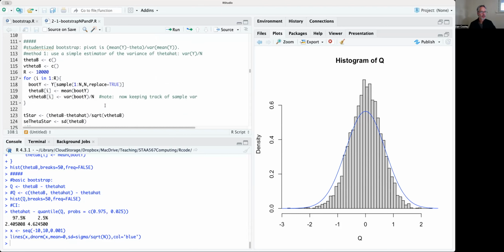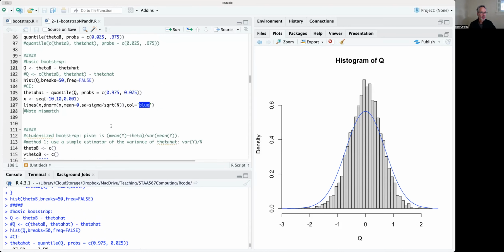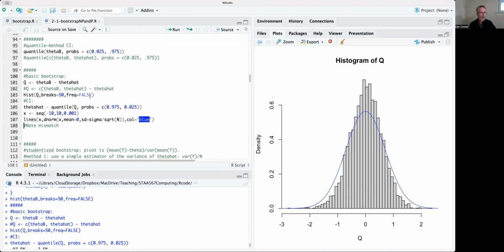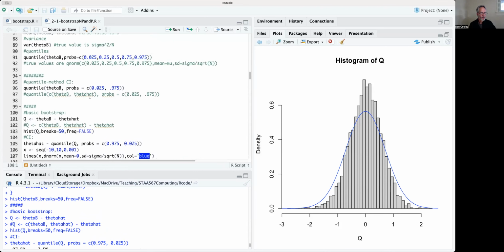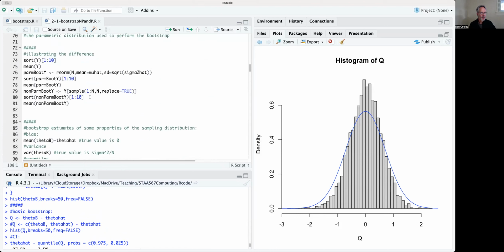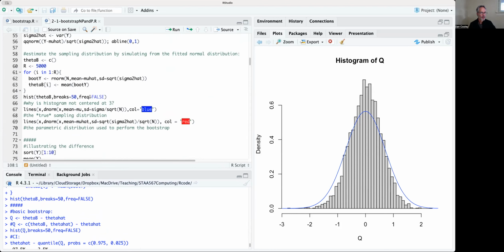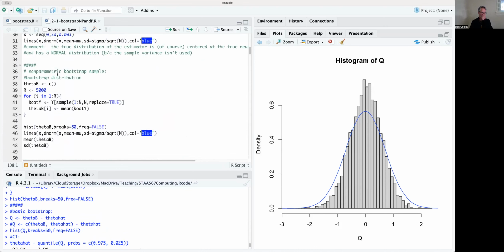Okay, so up here under non-parametric bootstrap sample, this is not the T yet.